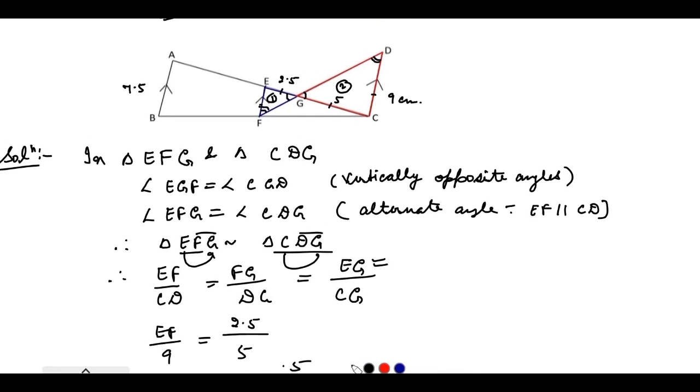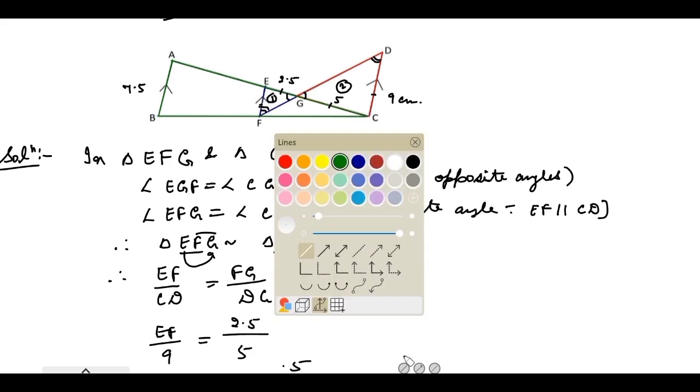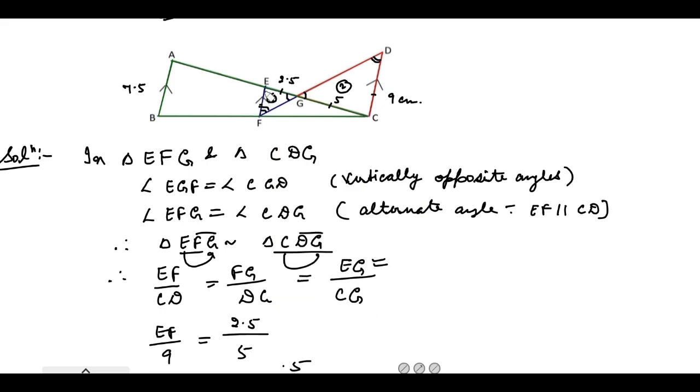Now we have to find AC. For AC, we are considering triangle ABC and second is EFC.